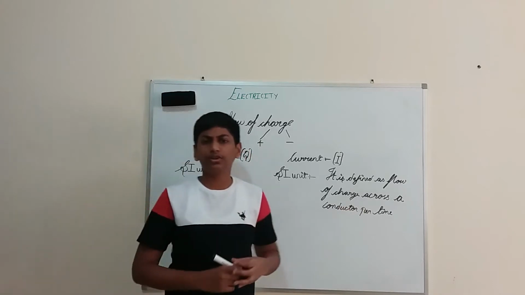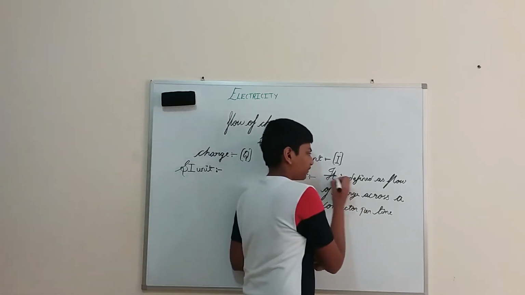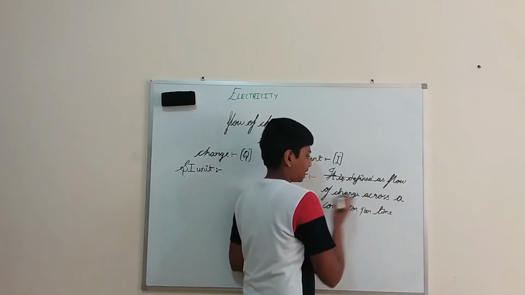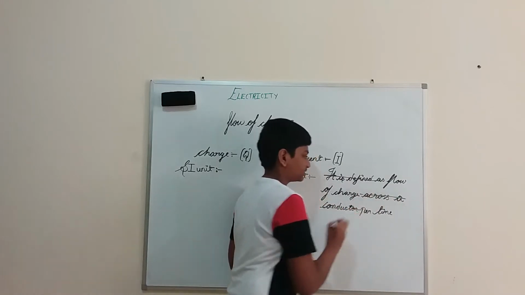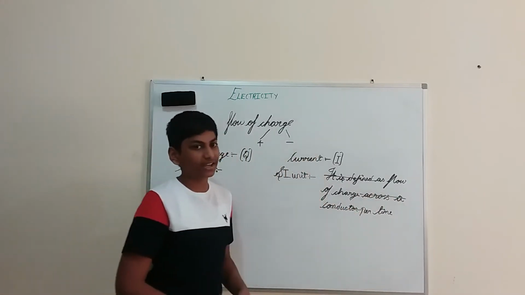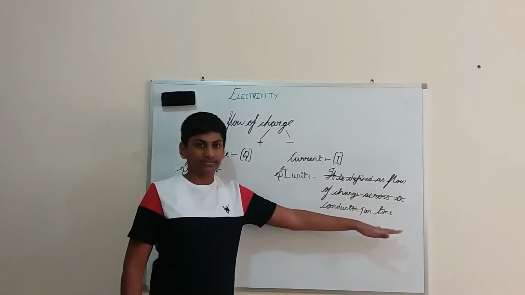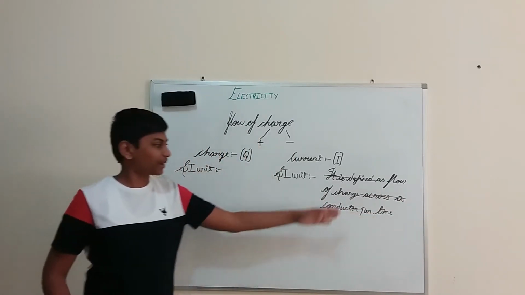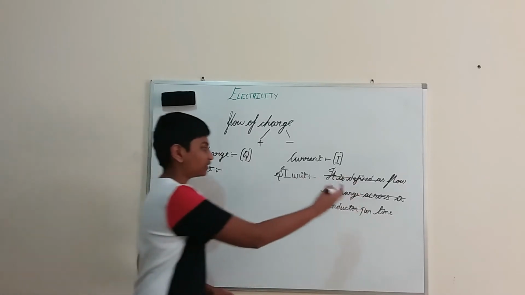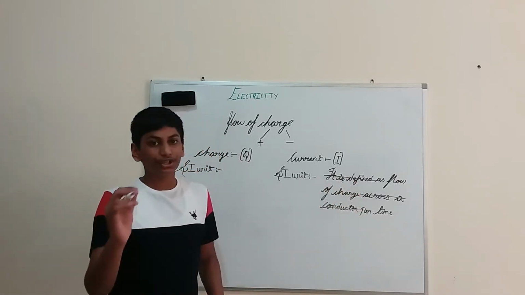So what will be in the numerator? "Across the conductor" is extra information. What is remaining is flow of charge and per time. So we can derive the formula from the sentence itself. The flow of charge will be the numerator.